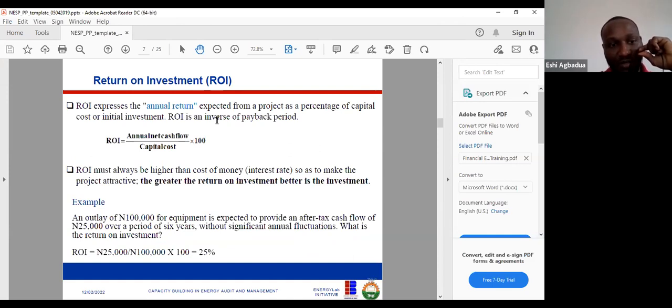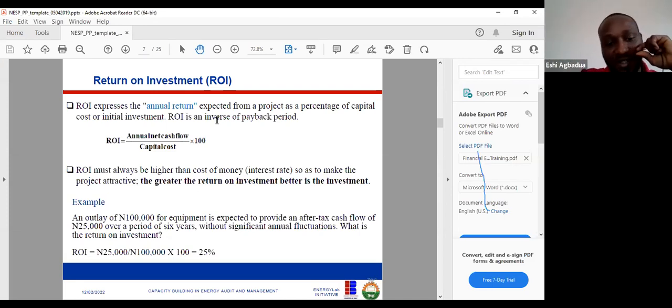Another tool is the return on investment. So it's usually quite straightforward. Some people say it's the inverse of payback period. So basically it's just the annual net cash flow over the capital costs. You hear people say, what is the return on investment of investing 1 million naira in a particular project? So basically, you just know how much money I'm collecting every year, divided by the capital cost, gives you a percentage.